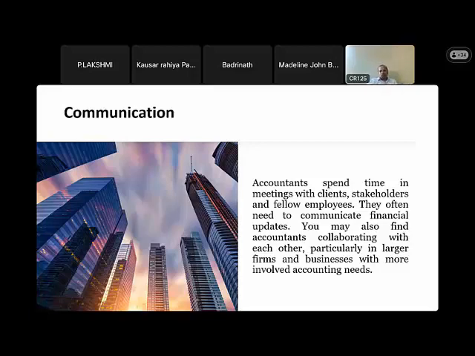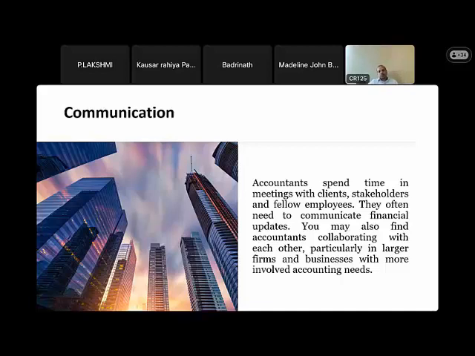So you have to spend some time meeting with your clients, stakeholders, and fellow employees. That communication is really required to keep those presentations going. They often need to communicate financial updates. See, in any industry, the stakeholders are always keen on the financial performance of the company, whether the company is doing well, or whether it is running under some kind of turbulence.